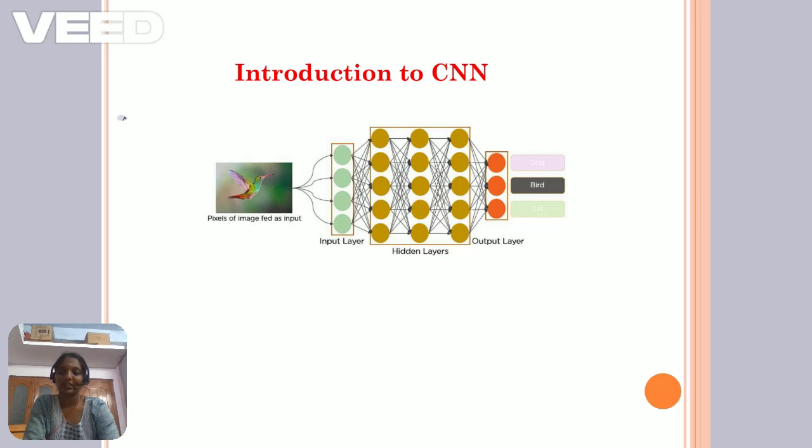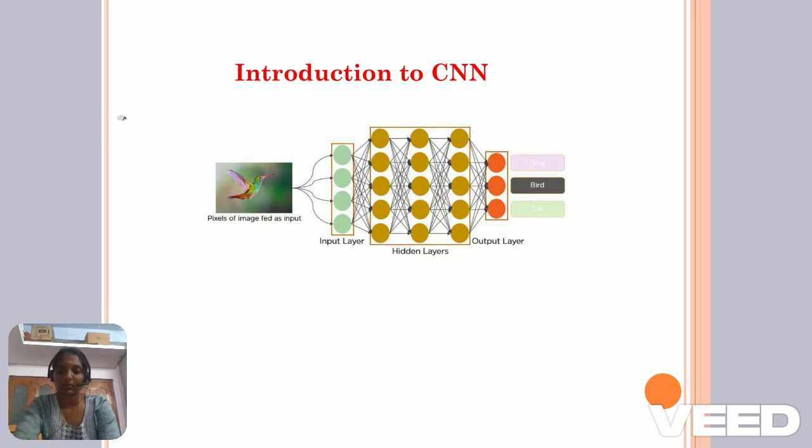The hidden layers carry out feature extraction by performing different calculations and manipulations. There are multiple hidden layers like the convolution layer, ReLU layer, and pooling layer that perform feature extraction, and finally there will be a fully connected layer which identifies the object in the image.